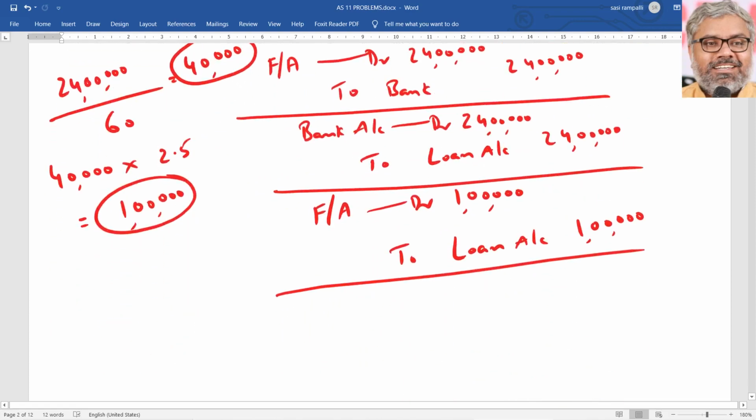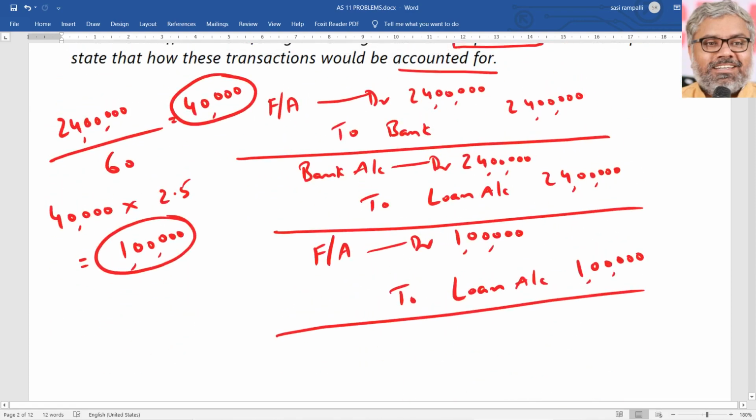Originally, in the first year, fixed assets would have been depreciated by 6 lakh rupees, 24 lakhs divided by 4. So first year depreciation would have been provided, 24 lakhs minus 6 lakhs, so the book value of the fixed assets at the end of the year will be 18 lakhs.